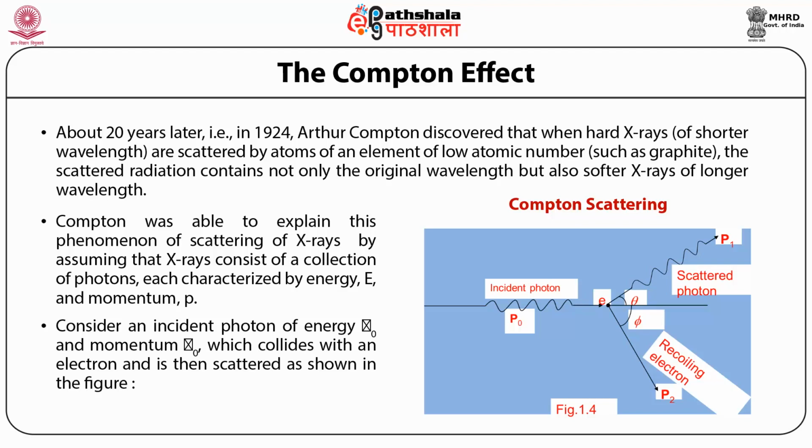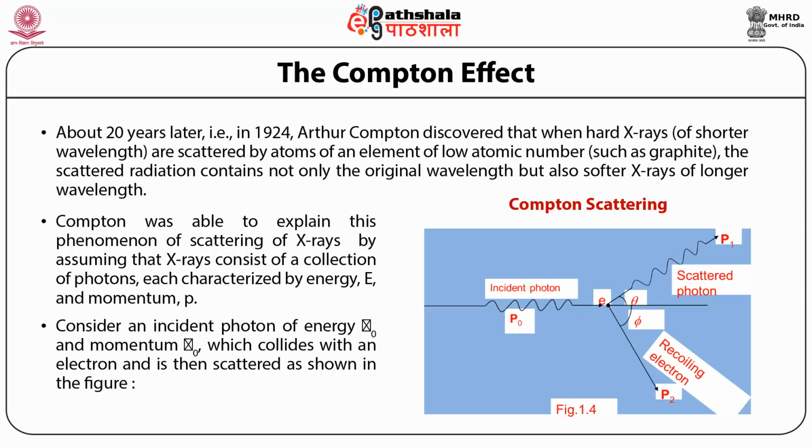We may therefore assume the electrons to be at rest, having the rest energy W0 equals mc square, where m is the mass of the electron. However, since the recoiling electron from the collision may have velocity comparable to c, it is appropriate to use the relativistic relation for the velocity v of the recoiling electron.